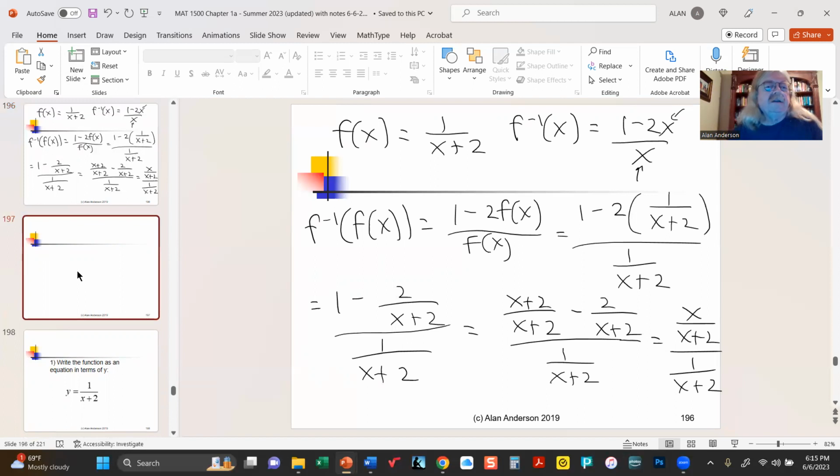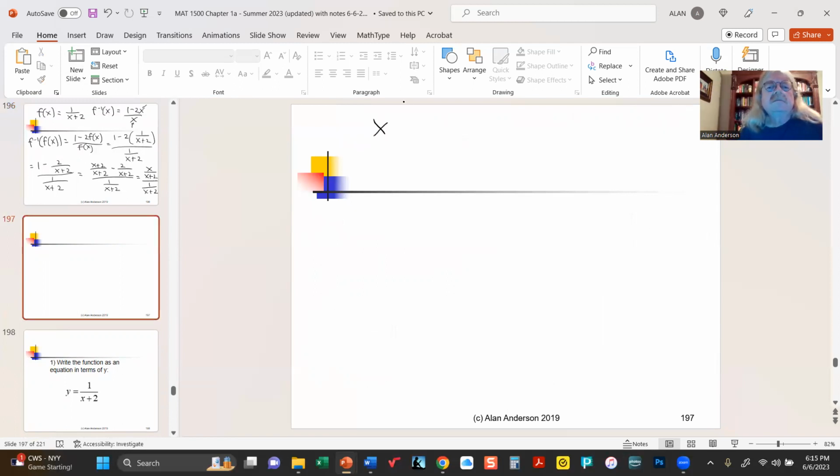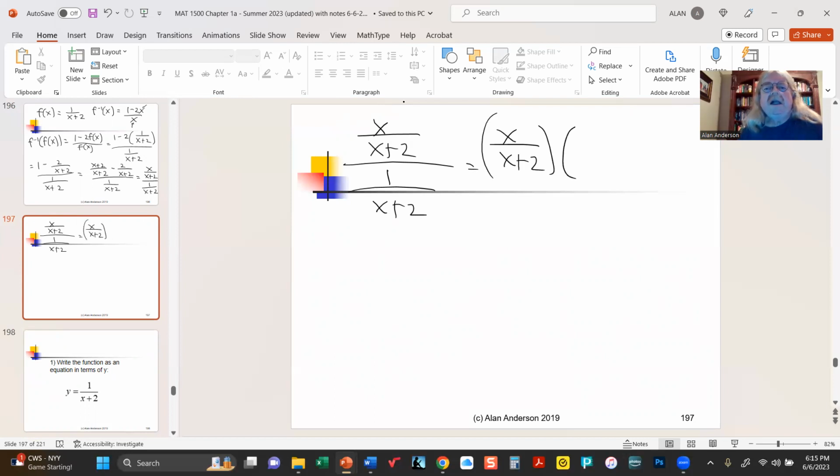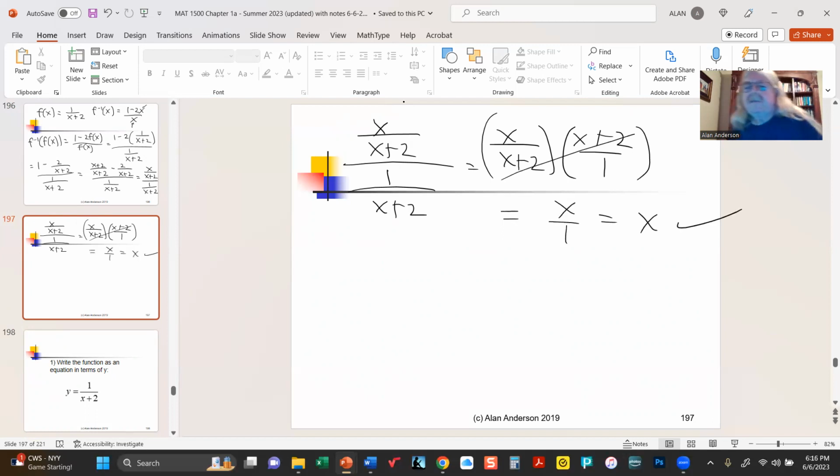Let's see, what do we have? So what I'm going to do is rewrite that as, instead of 1 divided by 1 over x plus 2, I'm going to multiply that by the inverse. You can see these cancel out. I'm left with x over 1, which is just x.